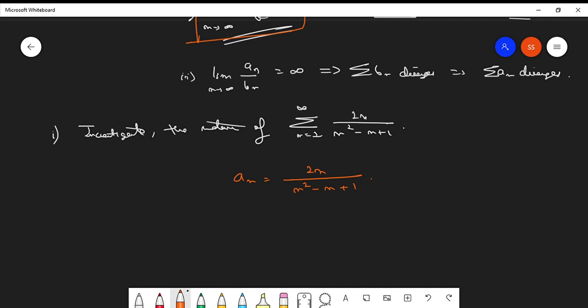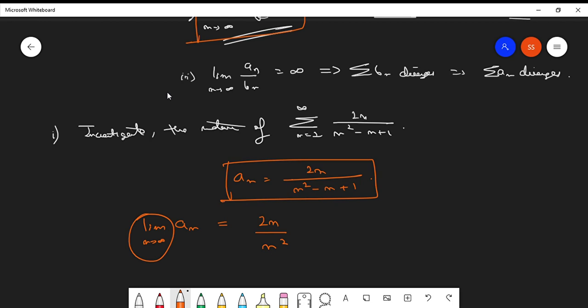You check the highest power of the numerator, that is 2n, and the highest power of the denominator, that is n square. So as n tends to infinity, this rational function basically behaves as 2n over n square, which is 2 over n.